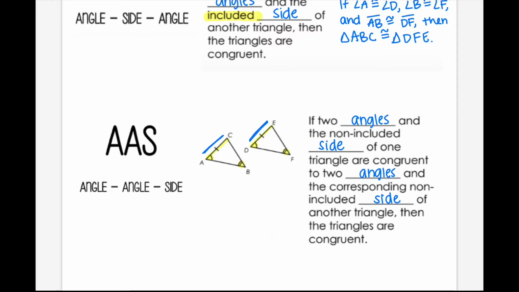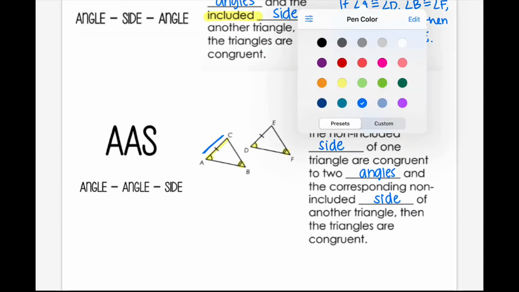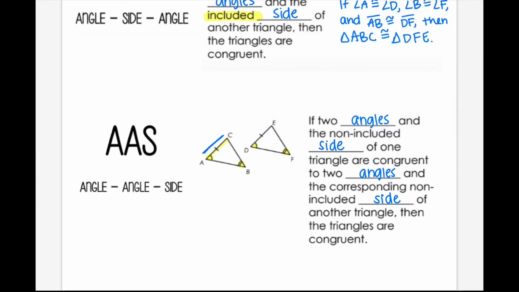So notice that side AC corresponds to side DE. This would not be angle, angle, side if, for instance, we did not have side DE marked congruent here.